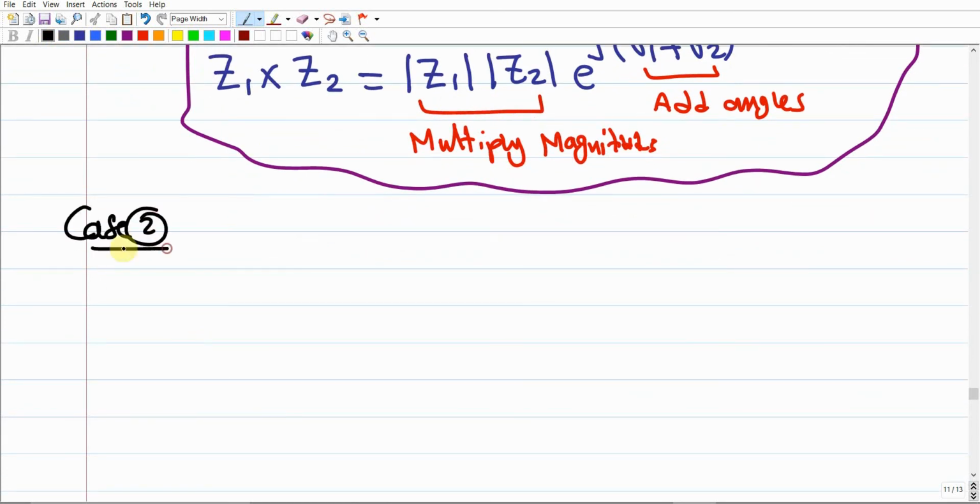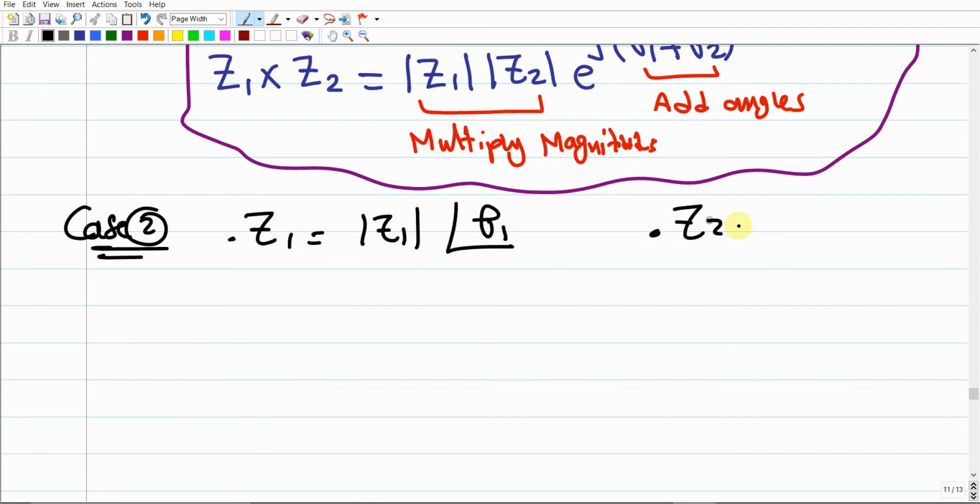So case 2: if z1 is already given as the magnitude of z1 and the angle θ1, this is a polar form, and z2 is given as the magnitude of z2 and the angle θ2, and we are interested in their multiplication.